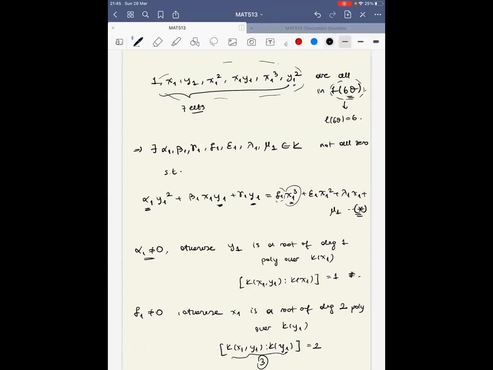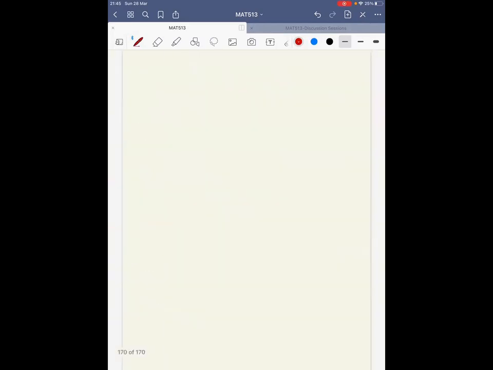So now we multiply this equation by a special constant which is produced by this non-zero alpha 1 and delta 1.